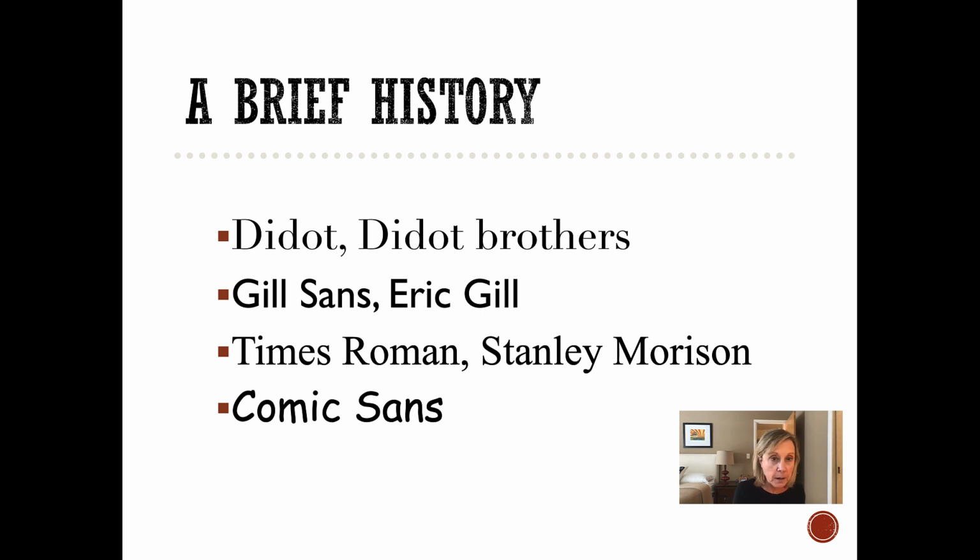The 4 I'm going to talk about are Didot, which was designed in the 1790s, Gill Sans, which was designed in 1928, Times New Roman, which was designed in 1929, and Comic Sans, which was designed in 1995. Now, the way I have these ordered is this is a serif, this is a sans serif, this is a serif, and this is a decorative font.